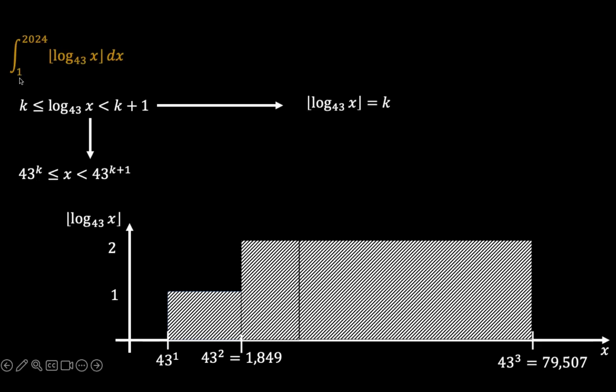However, our interval of integration does not go to 43 to the power 3. It only stops at 2024. So our integration is going to be limited to this blue dotted rectangle.